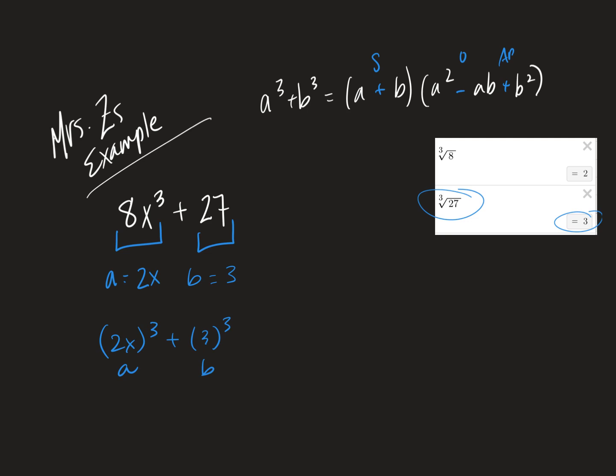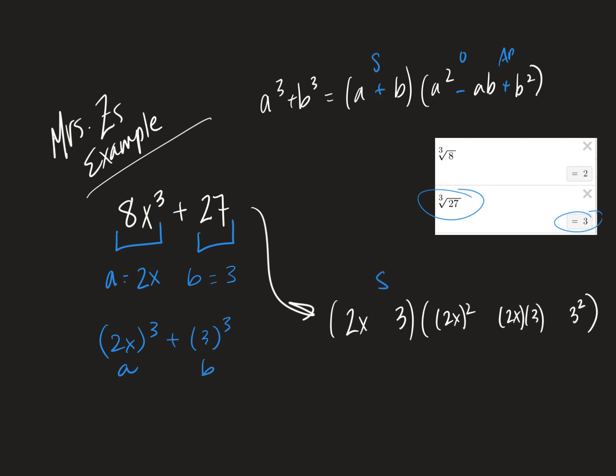So now I've got to plug it into this formula. That tells me that I've got a, 2x, b, 3, a squared, 2x squared, ab is 2x times 3, and b squared is 3 squared. Okay, so then let's pop our signs in.